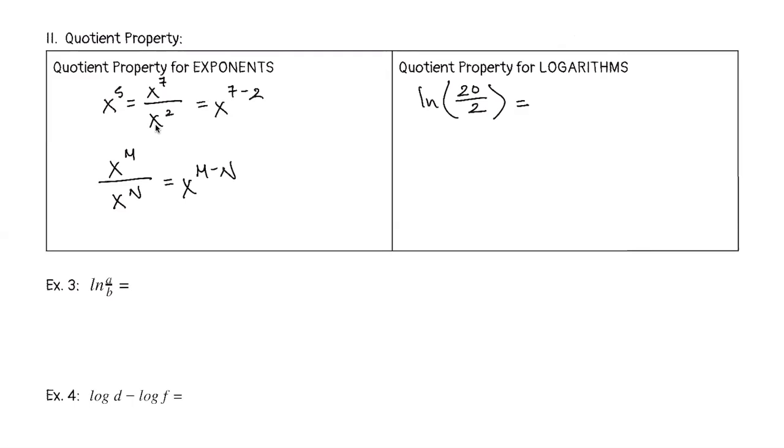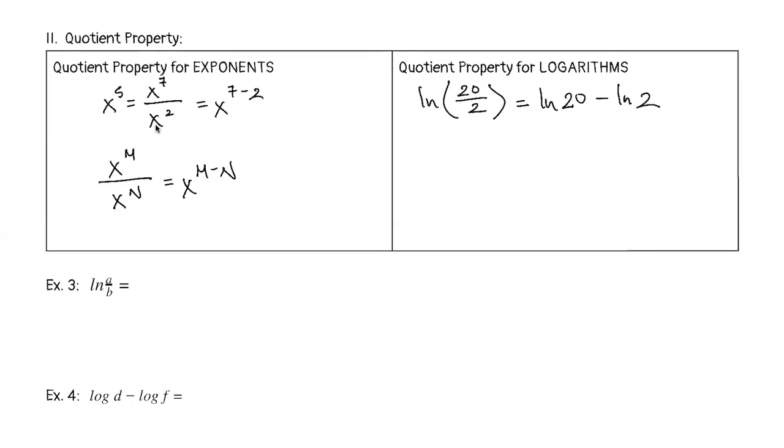Good. So I could say ln of the top number minus ln of the bottom number. Okay. So we can type that into a calculator to confirm that log of 20 over 2 equals log 20 minus log 2. Okay.